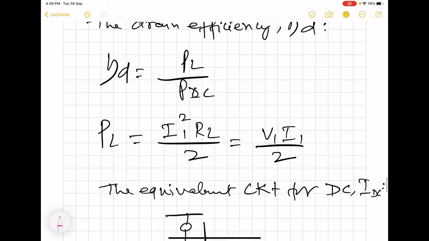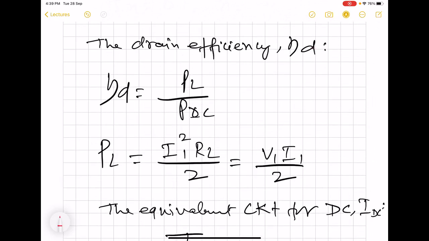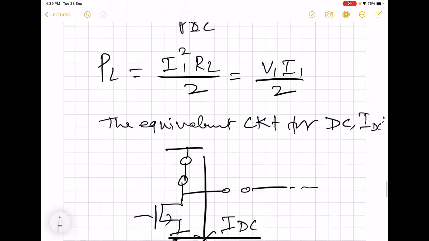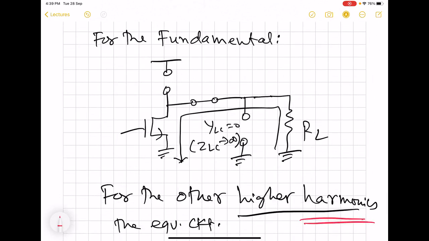Okay, so here we saw that this V1, the voltage that we will see here, is the consequence of I1, the fundamental flowing through the load. So this is going to be minus RL I1. So this relation we are familiar with.